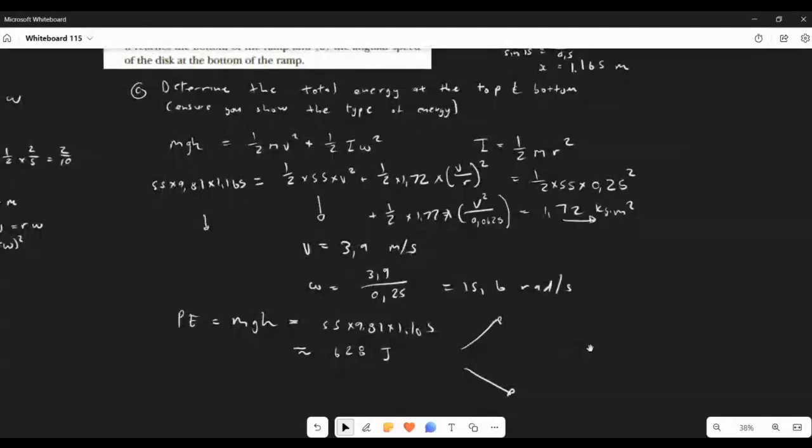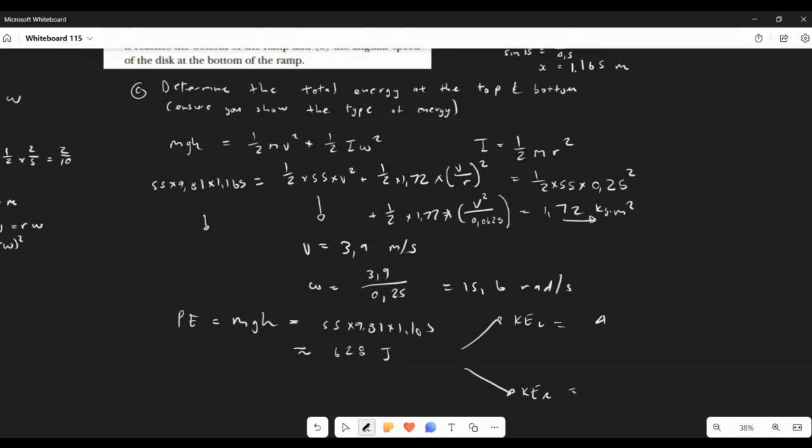So what we're looking at is how this is split into both the translational or linear and the rotational. So working out my KE linear, which is the linear part, and KE rotational. So what I'm trying to show you guys is how the potential energy essentially transfers to these two particular things, right? So half times 55 times 3.9 squared.